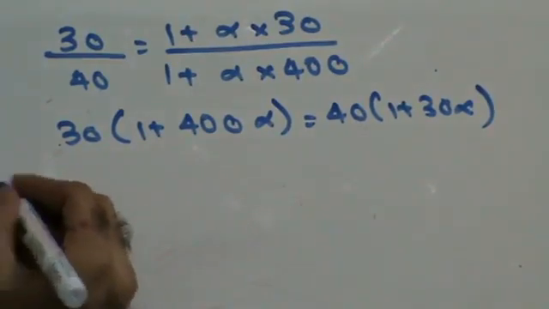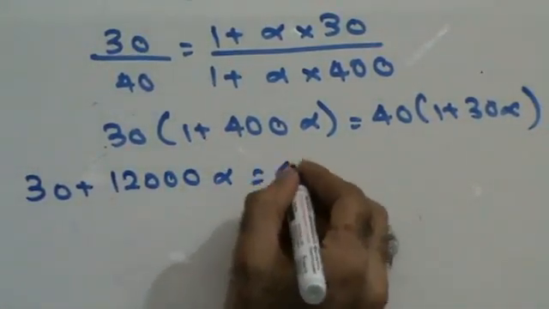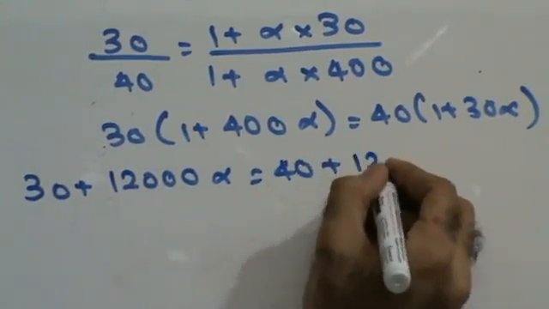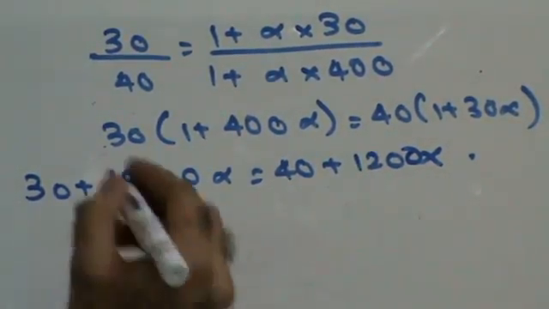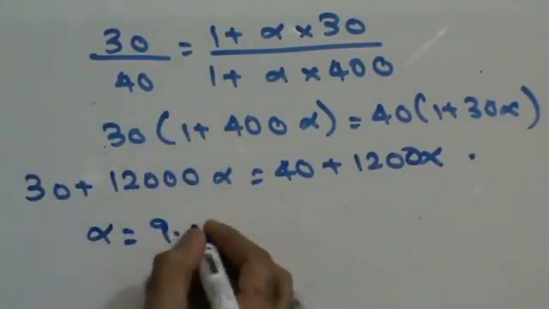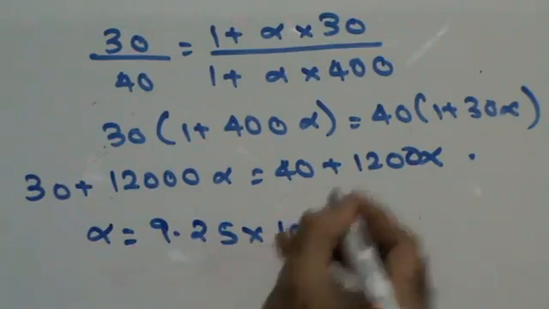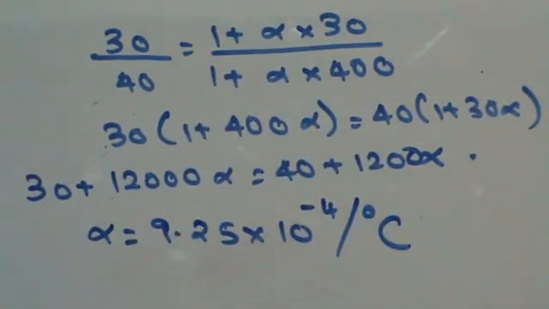So you will get 30 plus 4 threes are 12, that is 12000 alpha, equal to 40 plus 4 threes are 12, 1200 alpha. Solve the equation. When you solve it, you will get the value of alpha as 9.25 into 10 raised to minus 4 per degree Celsius. Take down the next one, please.